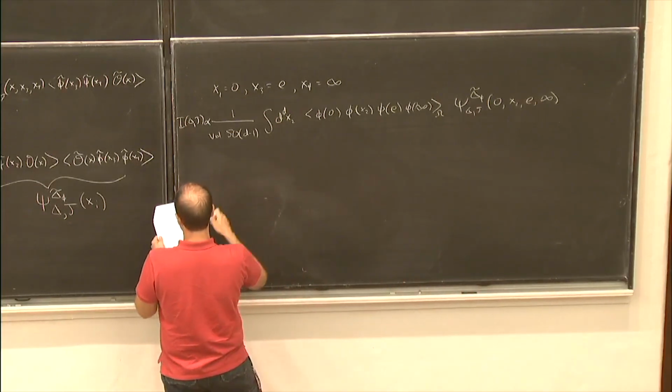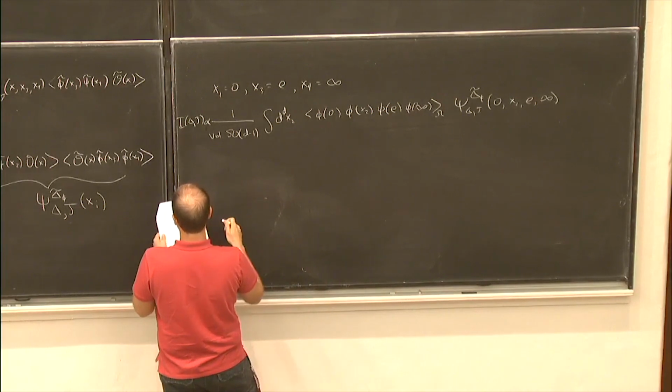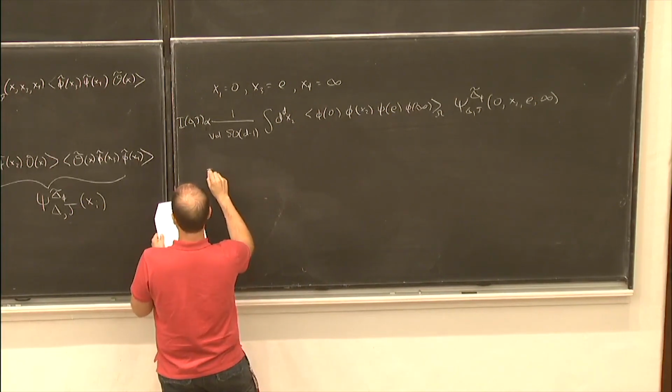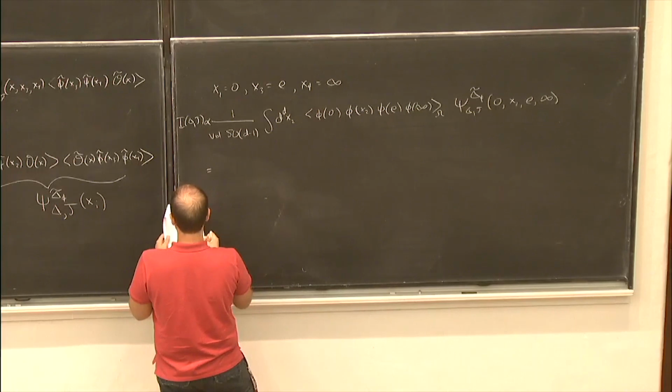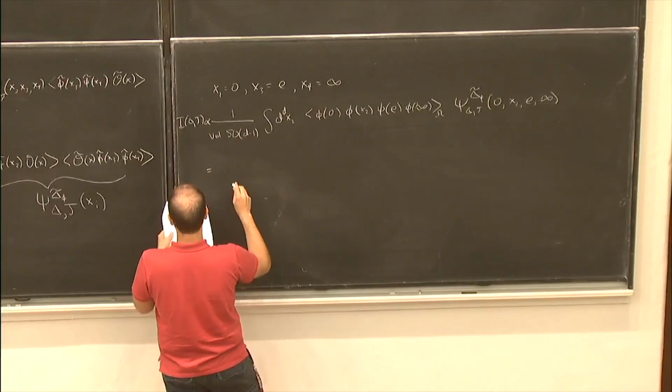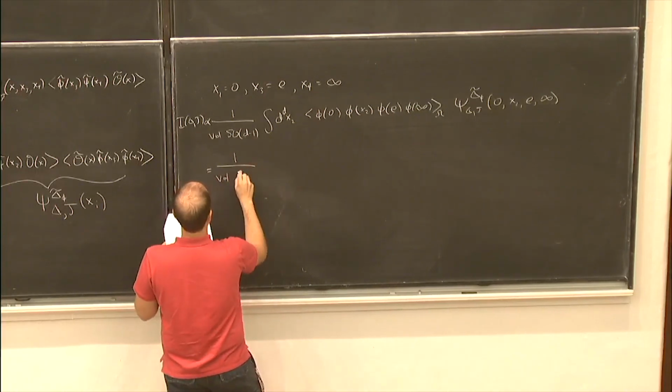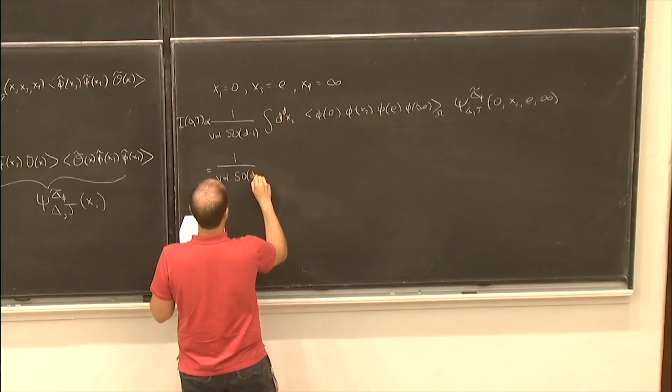And so that factor is then just equal to 1 over the volume of SO(d-2).